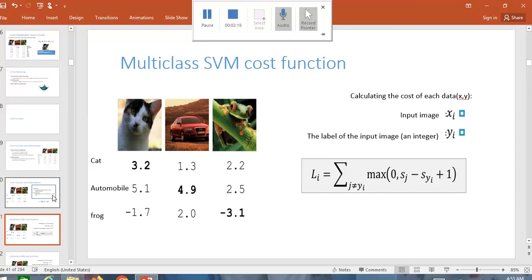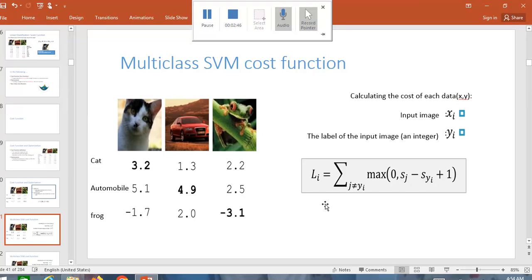We calculate the error for the data i. We have assumed that we have the W's. The ith data is xi, yi. In the training set, we have both the input and the correct output.